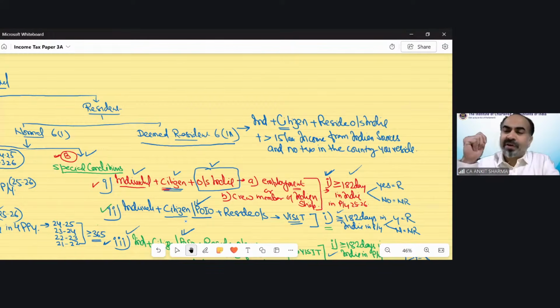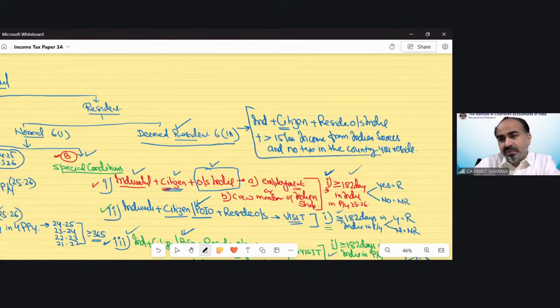Suppose your relative lives in UAE and earns more than 15 lakh rupees income from Indian sources, and there is suppose no tax in UAE. Of course there is corporate tax, but suppose no tax in UAE. In that case, that person is going to be called a deemed resident for India. So if all these conditions are fulfilled, that individual will be treated as a deemed resident.